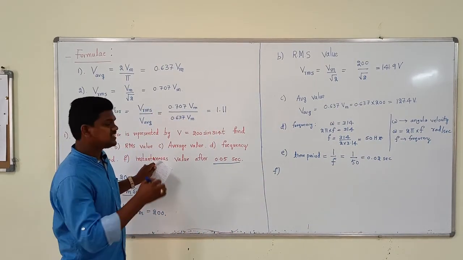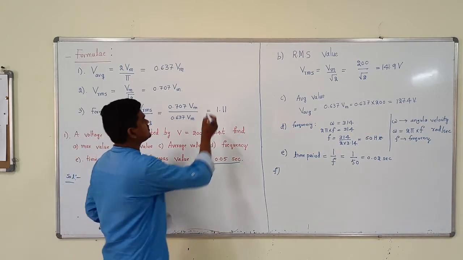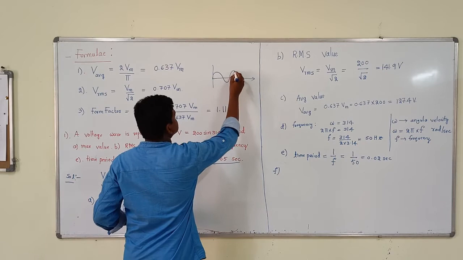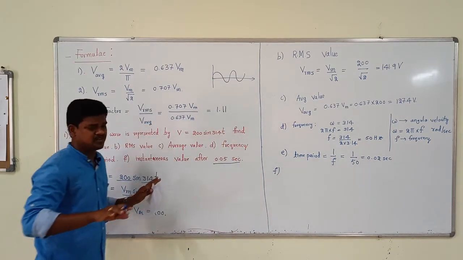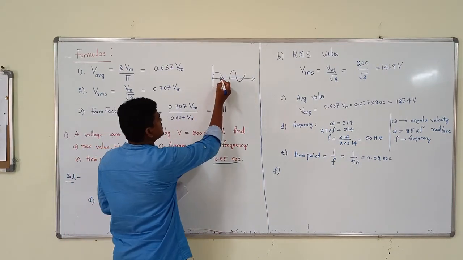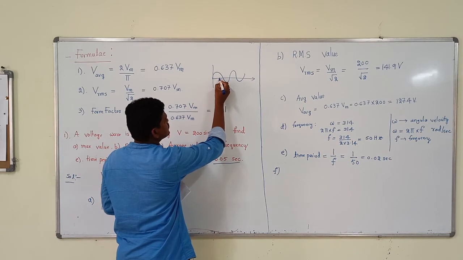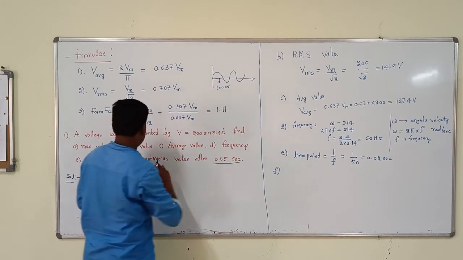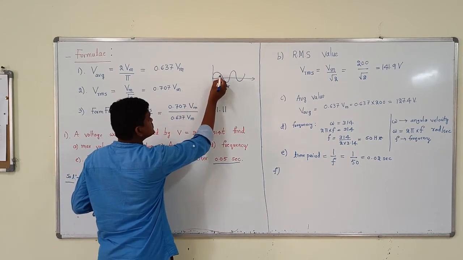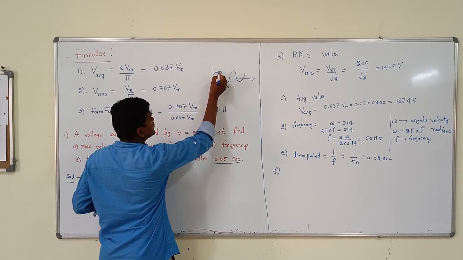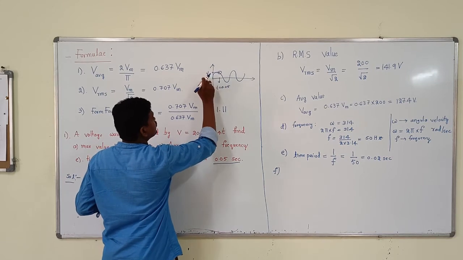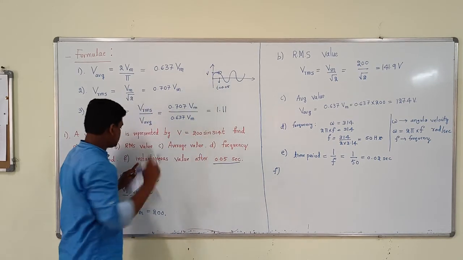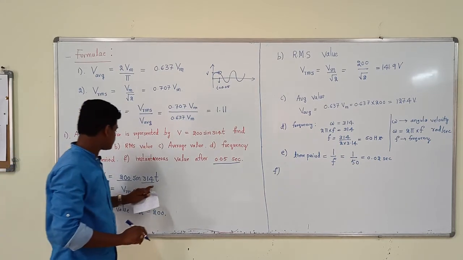The waveform is like this. We don't know where the time period is, but he mentioned 0.05 second, so I guess this is the 0.05 second. At this particular time the instantaneous value shows the voltage value. He gave the time, and you have to find this voltage.